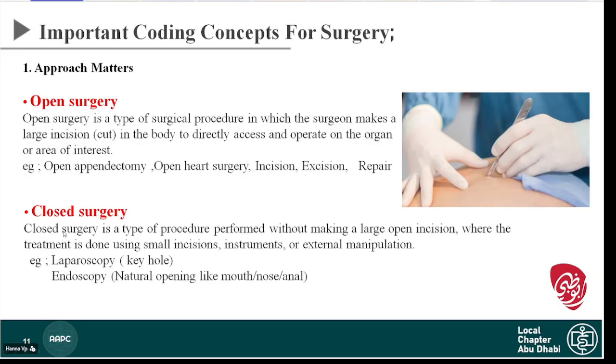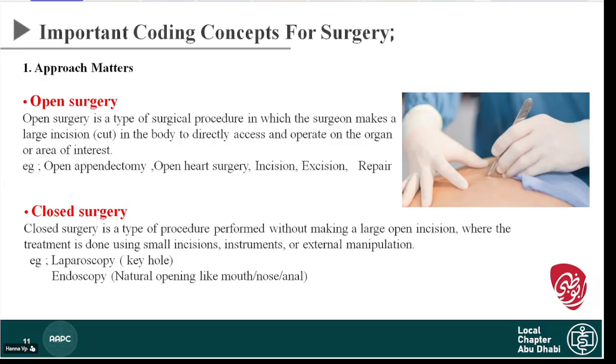Closed surgery is a type of procedure performed without making a large open incision, where the treatment is done using small incisions, instruments or external manipulation. Without making direct access, we are doing the procedure. Maybe you have heard of laparoscopy, endoscopy, cystoscopy.